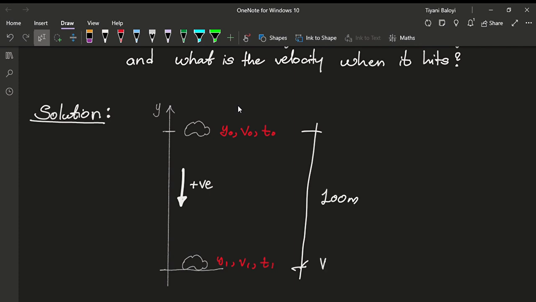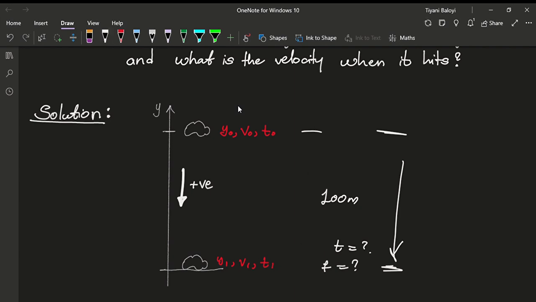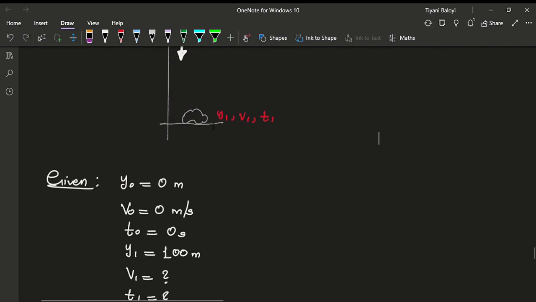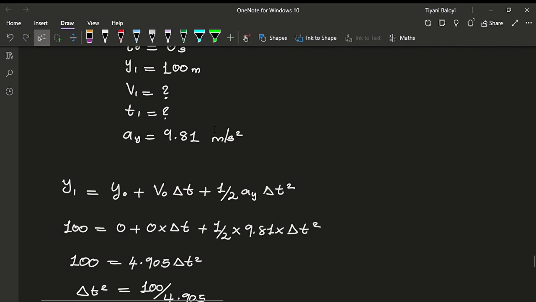We wanted to find the final velocity at the end, and the change in time. How long did it take for the rock to be dropped from here and fall to the bottom? Then we just used the equations of motion that were appropriate, simple, straight to the point, the correct ones actually.